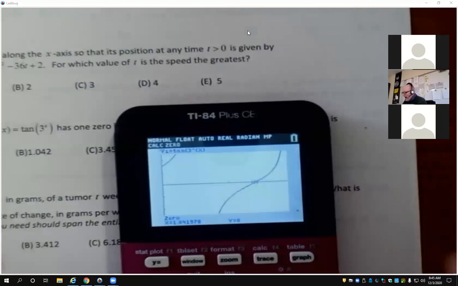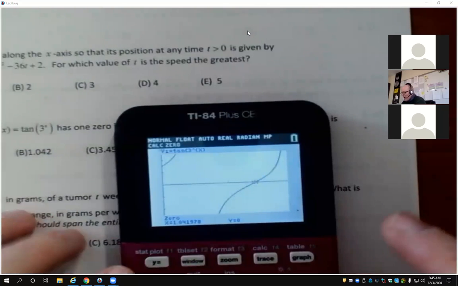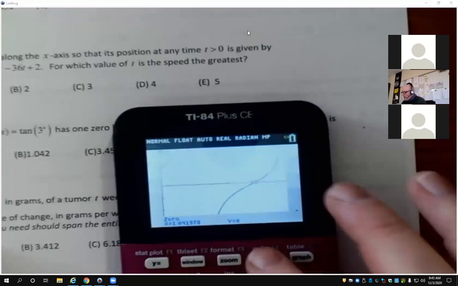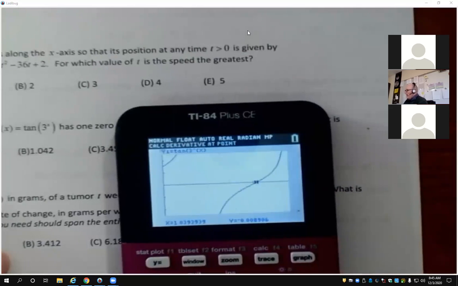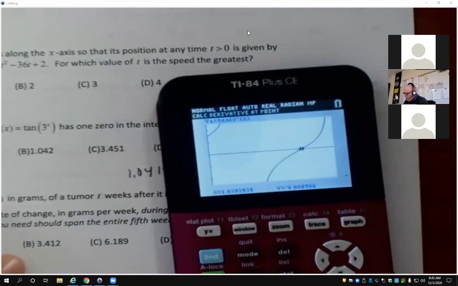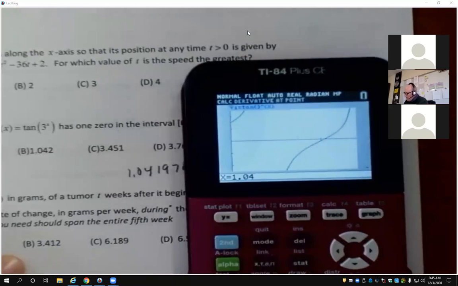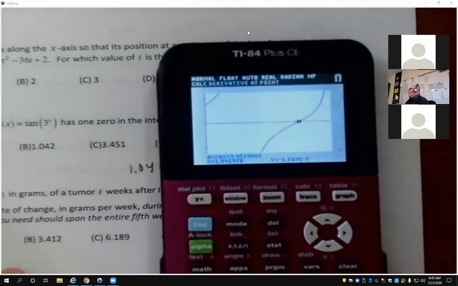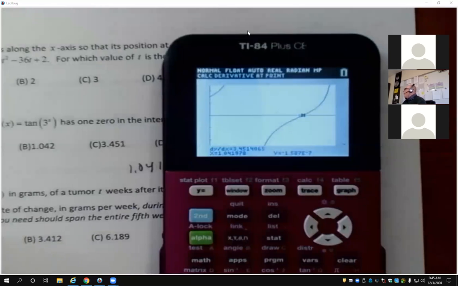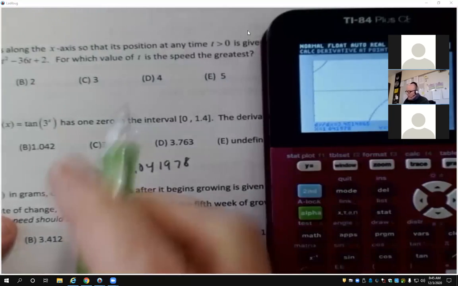Okay, so in my calculator, from the graph, I can find my derivative. I just hit second trace, option 6, and I type in that number, 1.041978. And it's going to tell me the derivative is 3.451, which is answer choice C.